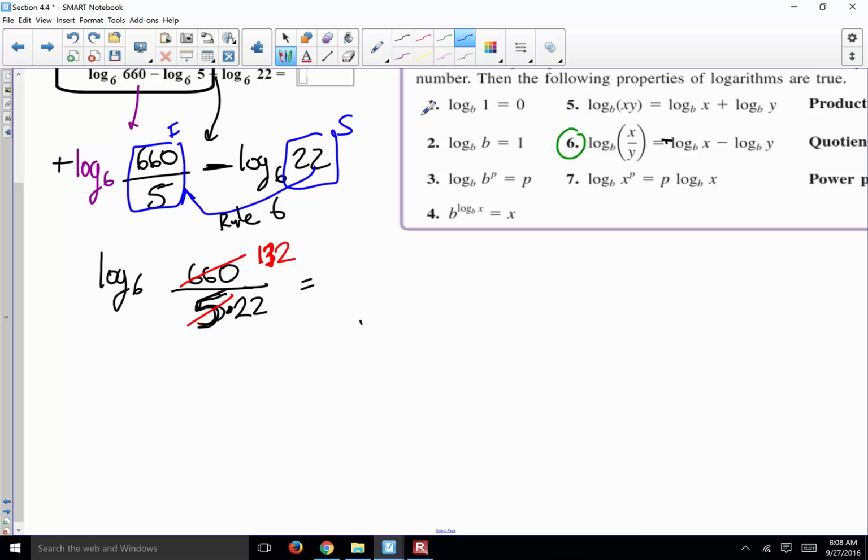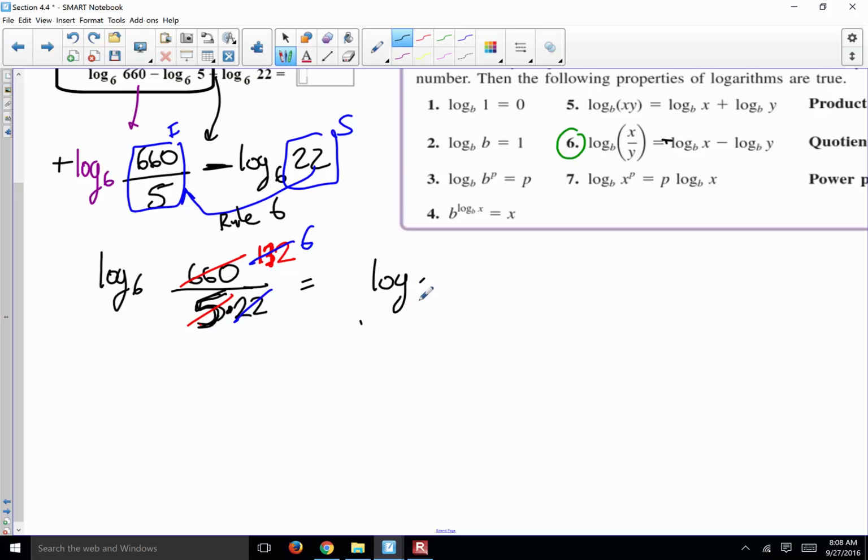And can we simplify 132 and 22? I believe it goes how many times into 132? I think it's 6. 6 times 2 is 12, 120. 2 times 6 is 12, 132.